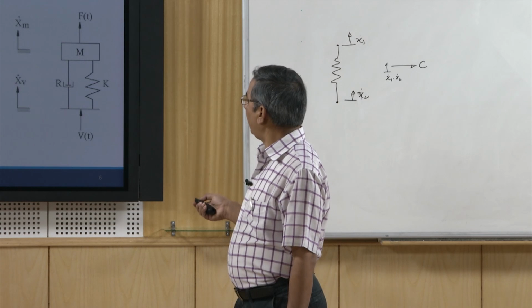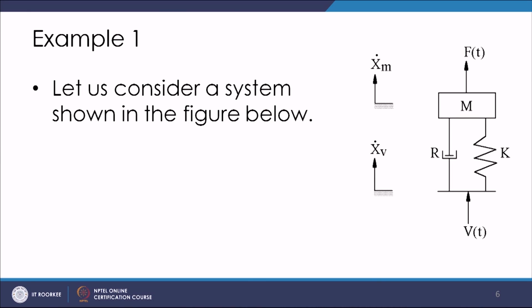This mechanical system consists of a mass, a damper, and a spring, and the mass is subjected to an excitation F(t), and there is a ground velocity V(t). Here we identify the two coordinates: the velocity of the mass, and the velocity excitation coming from the ground. This is the description of this example.